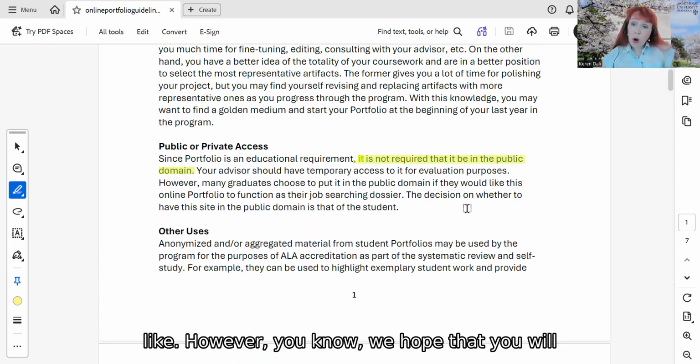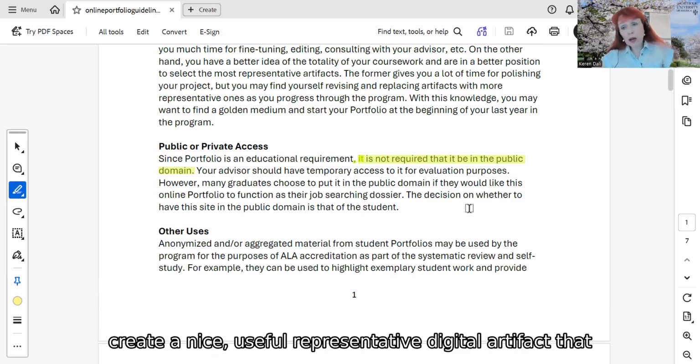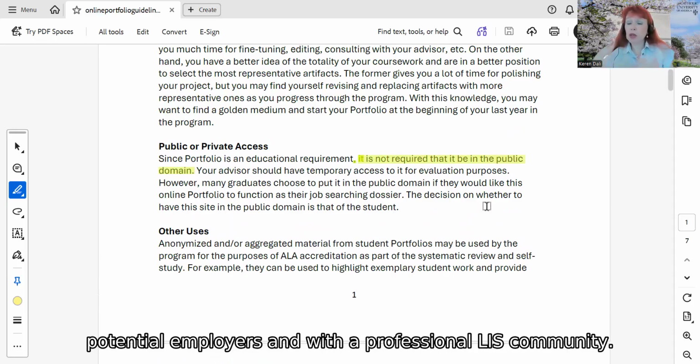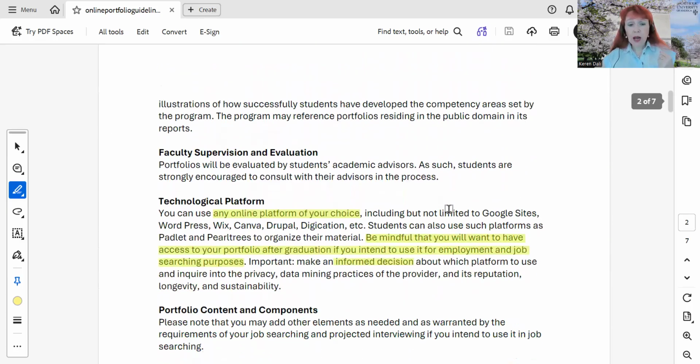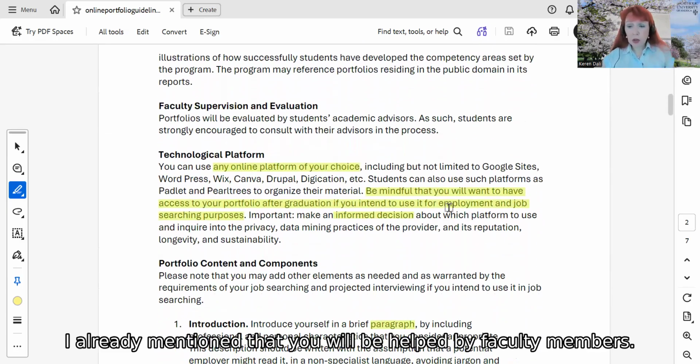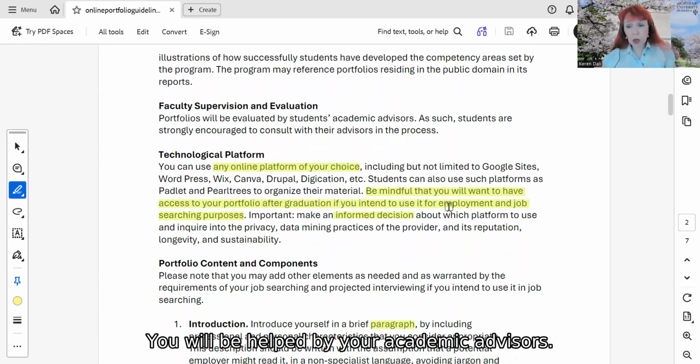However, we hope that you will create a nice, useful, representative digital artifact that you will be happy to share with your potential employers and with the professional LIS community. I already mentioned that you will be helped by faculty members, you will be helped by your academic advisors.